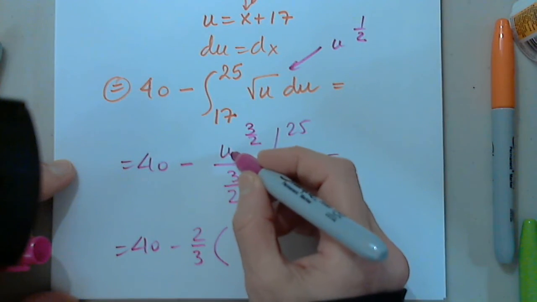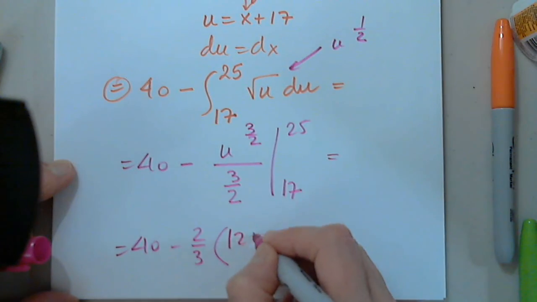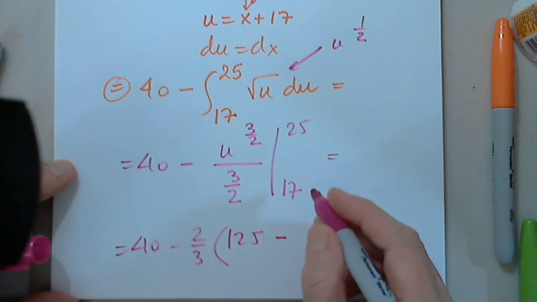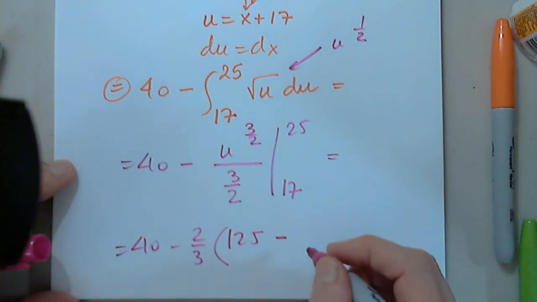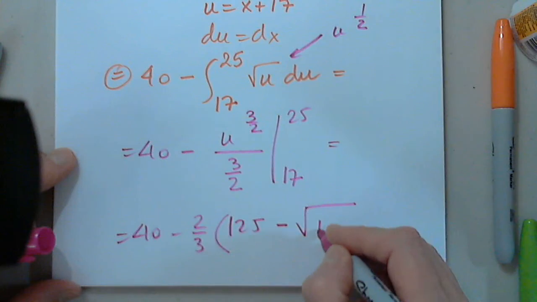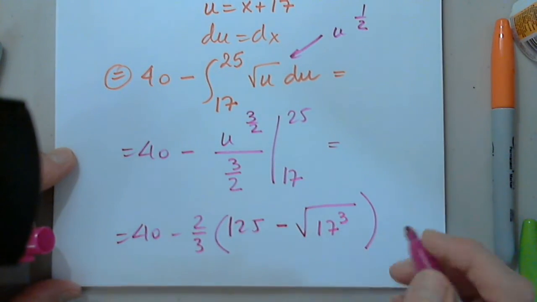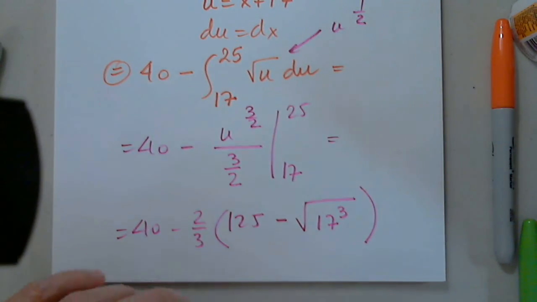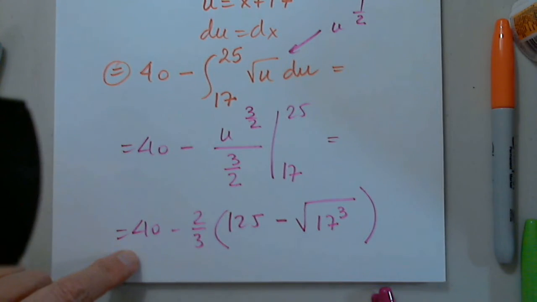The square root of 25 is 5 to the third, 125 minus. I plug in 17. This is ugly. So this is the square root of 17 to the third. I have no idea what that means. Where's my calculator? Let me switch to this, and then we'll check the answer with a graphing calculator.